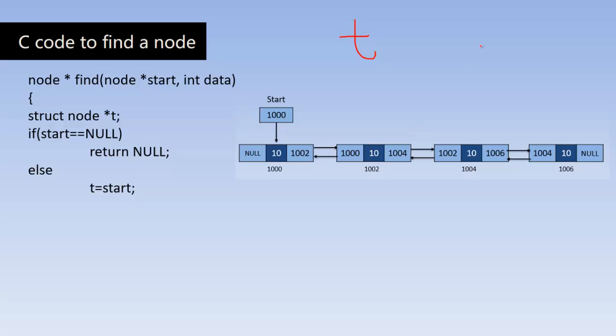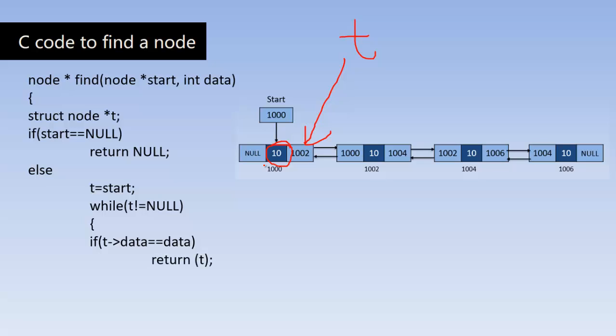And if that doesn't happen, I will make t point to the first node. While t remains not equal to null, I'll iterate till the end. If t arrow data equals data, that means this is the target data, I will return t. So t has found the target node.